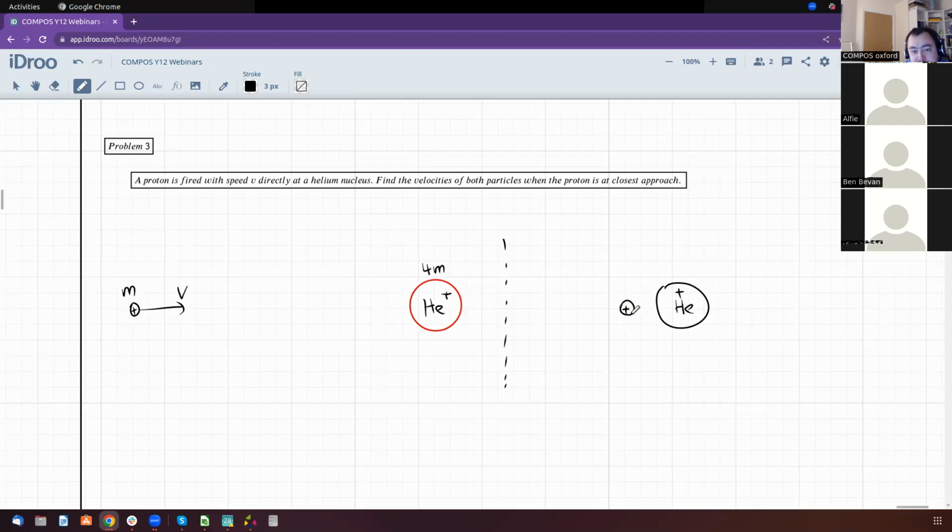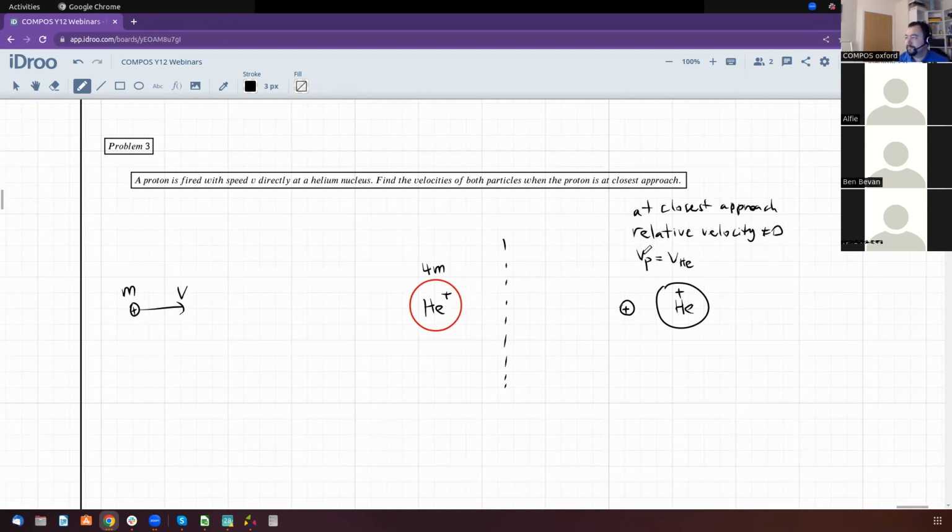It's positive, they're repelling, and their relative velocity is 0 at closest approach. That means that the velocity of the proton is equal to the velocity of the helium particle.